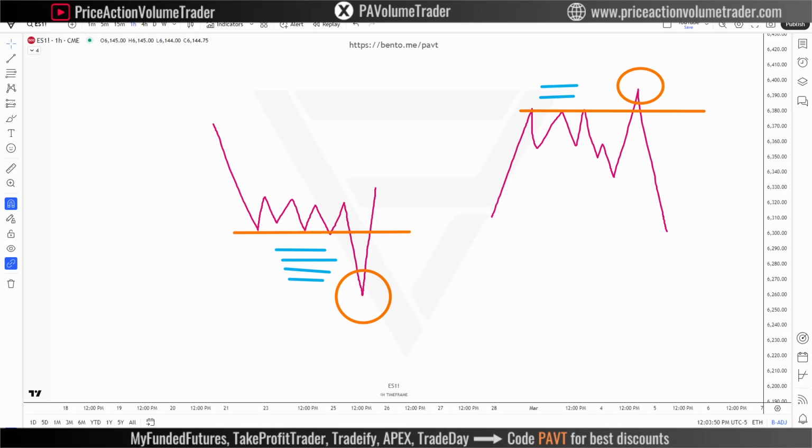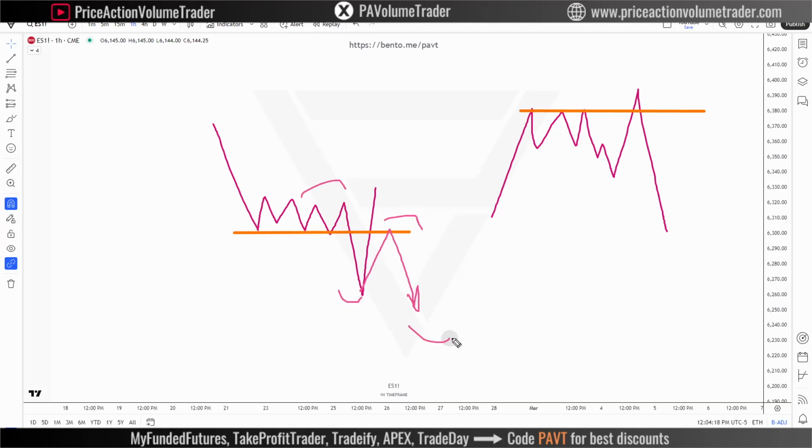As I mark the level, it's important to make sure that we do recover above this level or below it, because the market could pull back and just retest this level as resistance, make a lower high and continue lower.